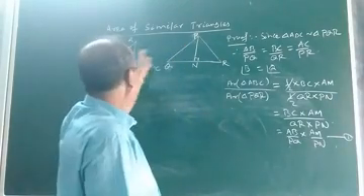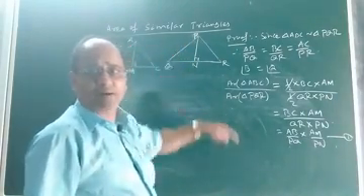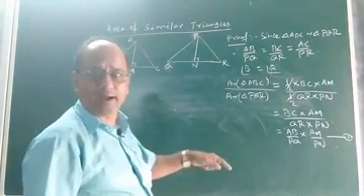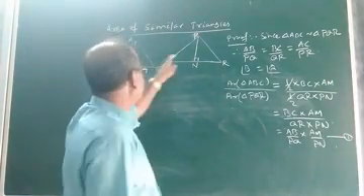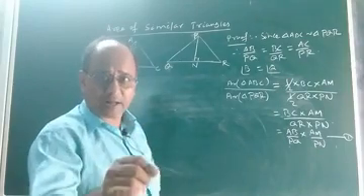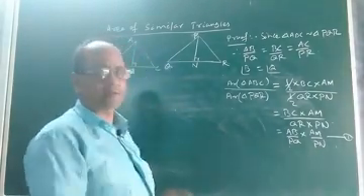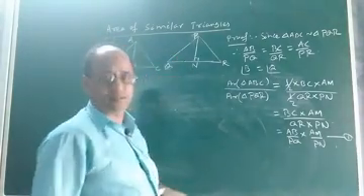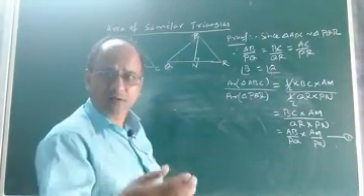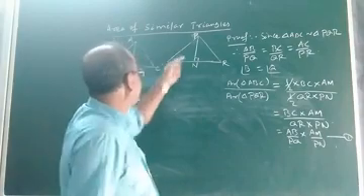The corresponding sides of these two triangles will automatically become proportional, provided we prove that these two triangles are similar. So now our target should be to prove that these two triangles are similar. Now the point is, how can we prove it? Let us prove the similarity of these two triangles.